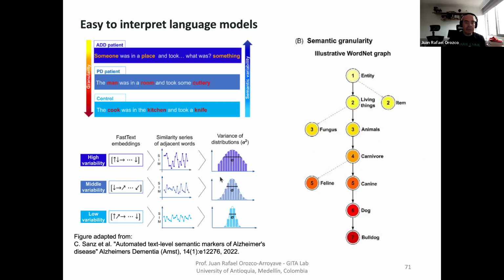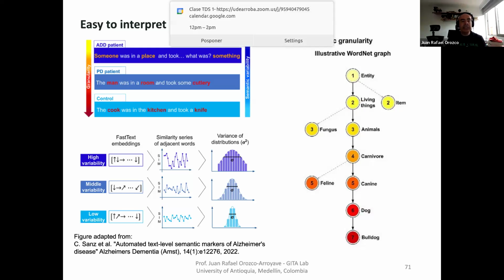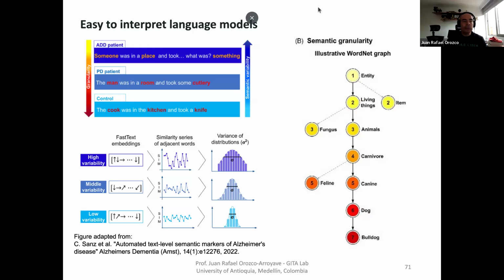Now, regarding language production, there is a relatively new concept, which is granularity and semantic variability. What is it? If you take a model like, let's say, FastText, which has the advantage of considering not only the information at the word level, but also at a subword level, then if there is an unknown word in the corpus, the system is somehow able to create unknown words.